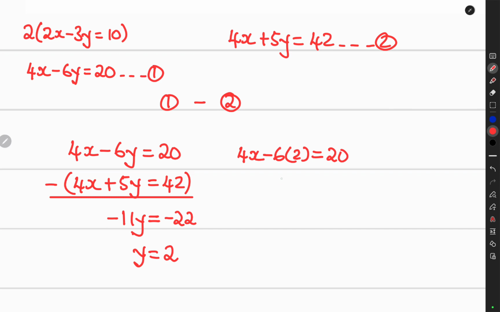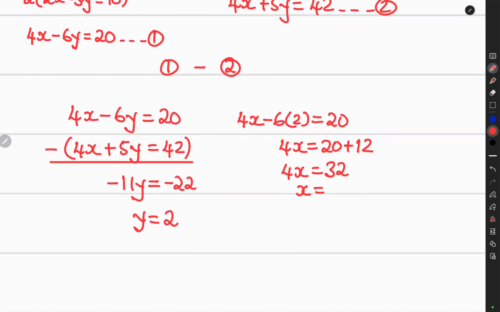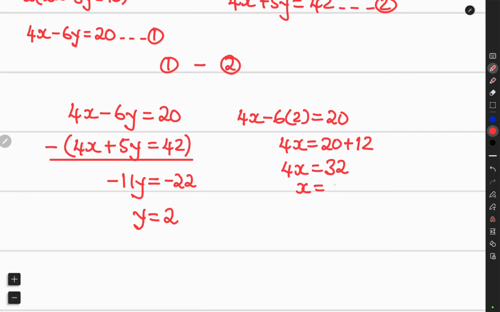And this is 4x equals 20 plus 12. Next, this will be 4x equals 32, and you'll have to divide by 4 to get the answer as 8. The answer will be x is 8, y is 2.